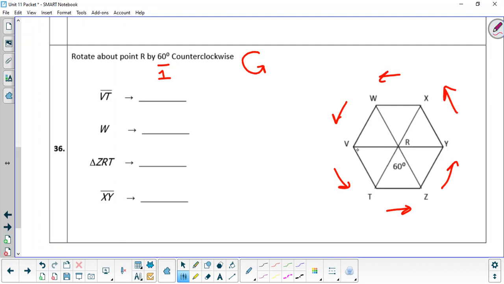Okay, so if we're starting with line VT, we're going to move counterclockwise 60 degrees, turns into this space, which is now line T. Then if we have point W, 60 degrees counterclockwise, becomes point V.